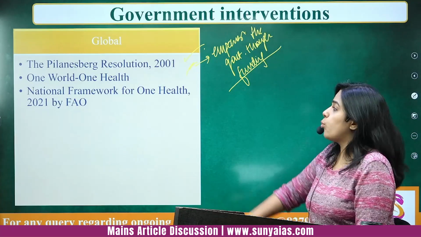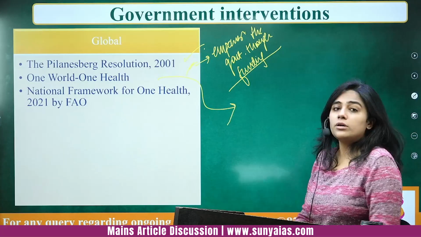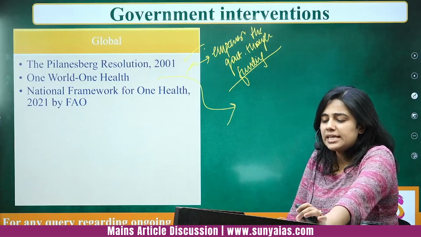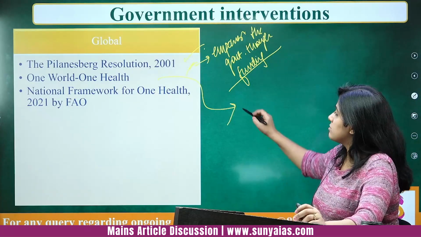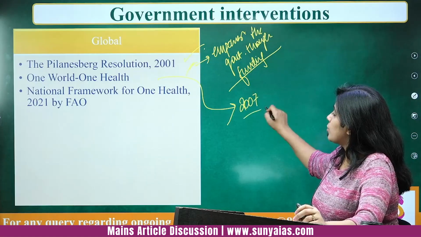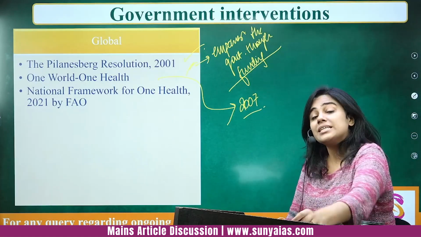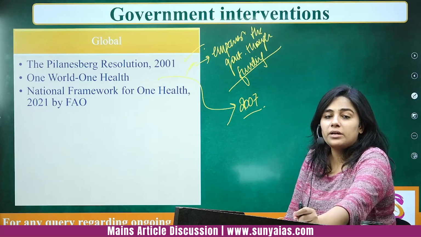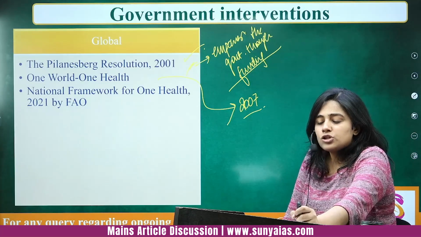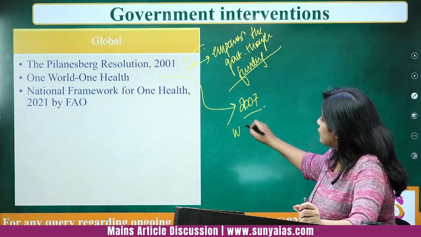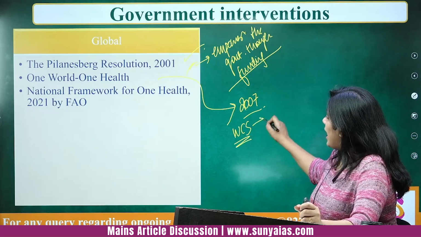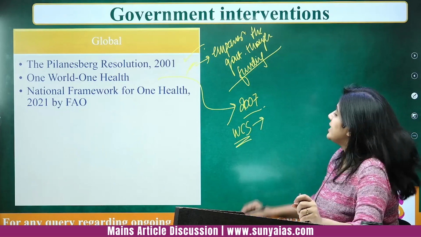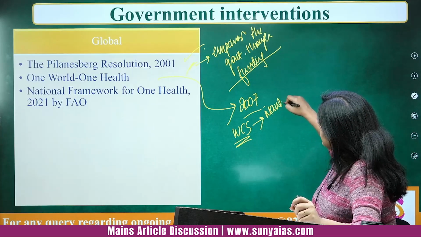Then One World, One Health. One World, One Health was basically launched in 2007. So this One Health concept is not very recent, but has come into discourse very recently. It was by the Wildlife Conservation Society, and the Wildlife Conservation Society gave the Manhattan Principles.